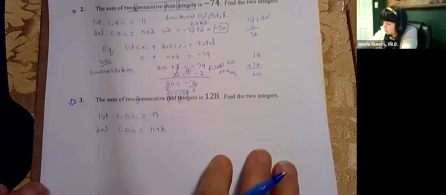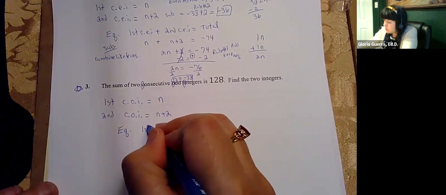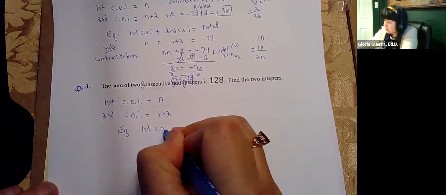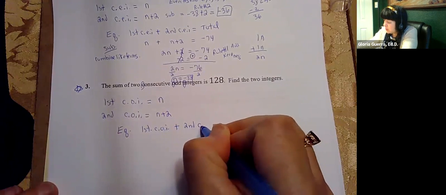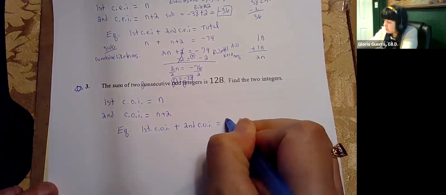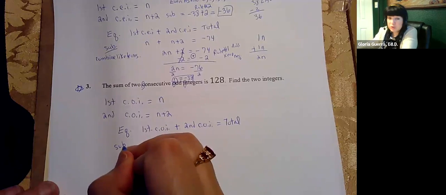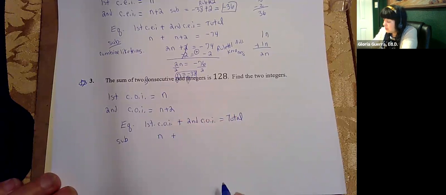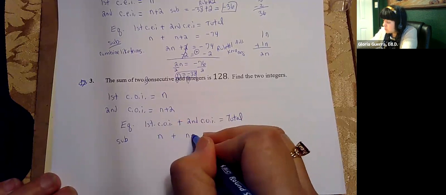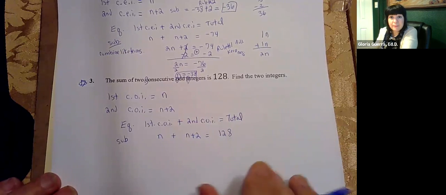And then your equation: when you add the first consecutive odd integer plus the second consecutive odd integer, that's supposed to equal your total. So when you do your substitution, the first one is n plus the second one, n plus 2, and then the total is 128.